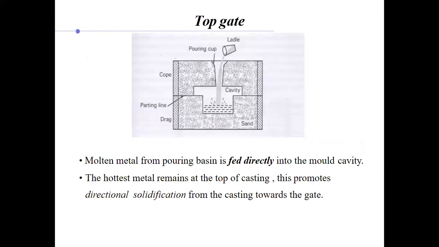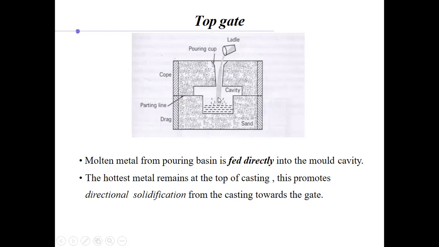You see, top gate, as the name suggests, the molten metal is poured directly from the top. Molten metal from the pouring basin is fed directly into the mold cavity, as you can see, flows directly inside. The hottest metal remains at the top of the casting. This promotes directional solidification from the casting towards the gate, because your molten metal is flowing from the top.